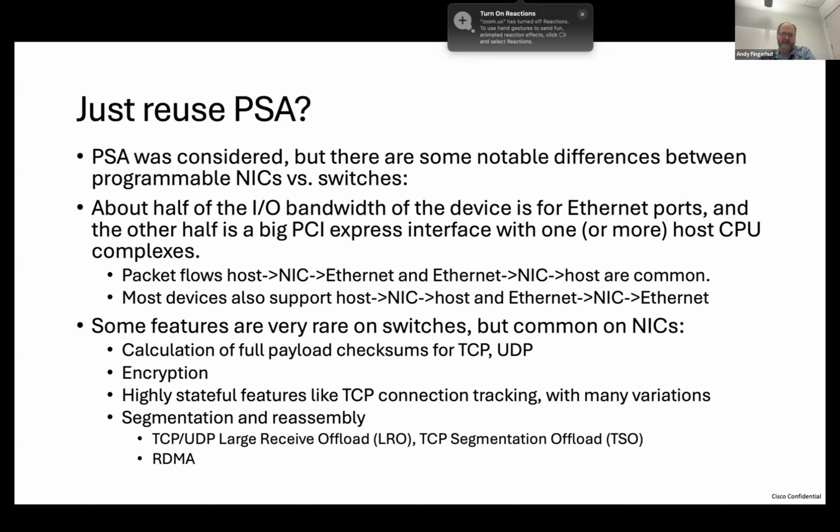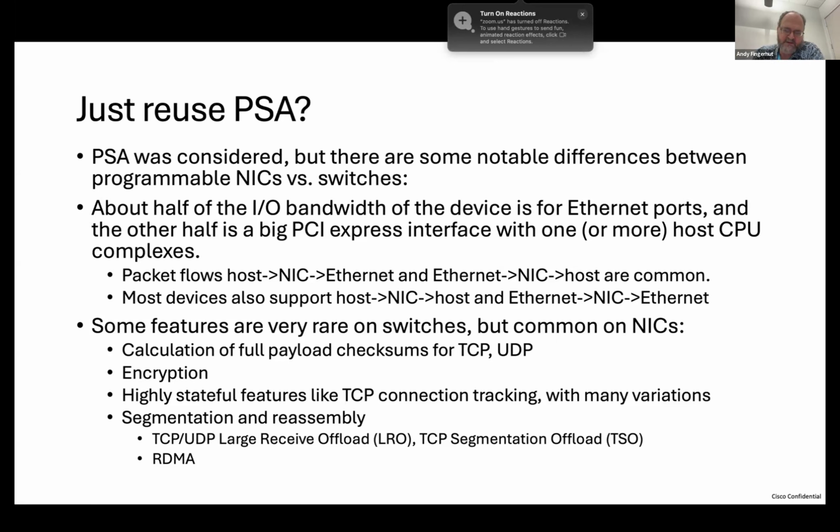Some of the features that are very rare on switches but common on NICs are TCP or UDP payload checksum offload. Doing full payload checksums on a switch ASIC is very rare. Usually you just want to check the IP header checksum. And if the full payload TCP or UDP checksum is wrong, the switch just forwards it on and expects the receiving host to figure that out and drop it.